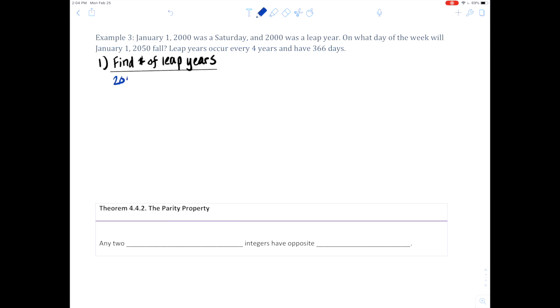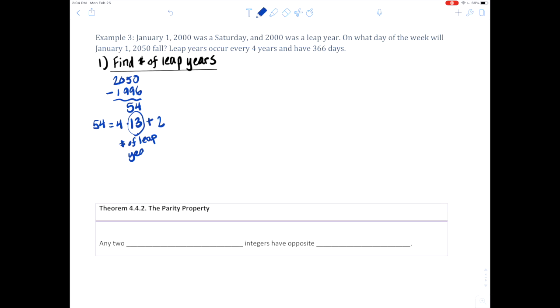So 2050 minus 1996 is equal to 54. And 54 is equal to 4 times what? 12, I think, or let's see. No, 13, right? 4 times 13 gives us 52, and then plus 2. So at the end of the day, there's 13 leap years. That's the number of leap years.